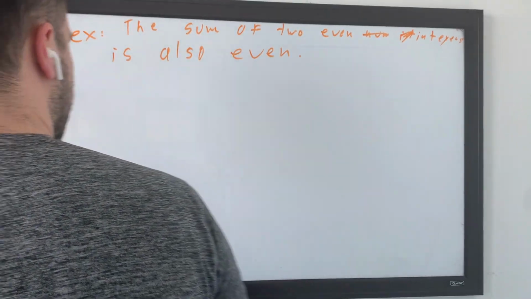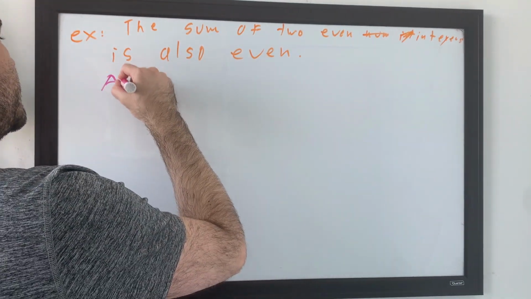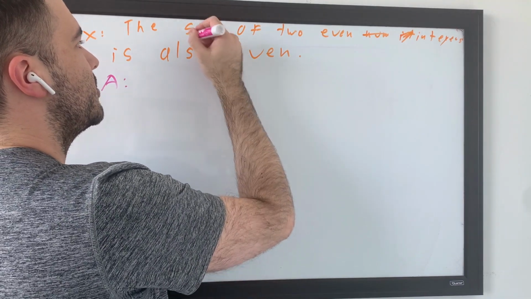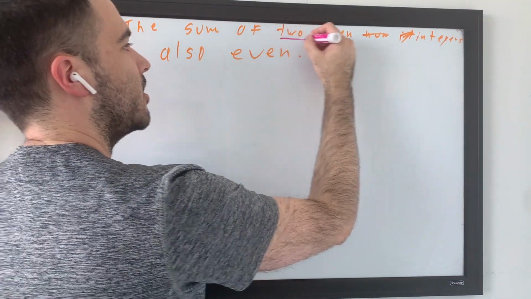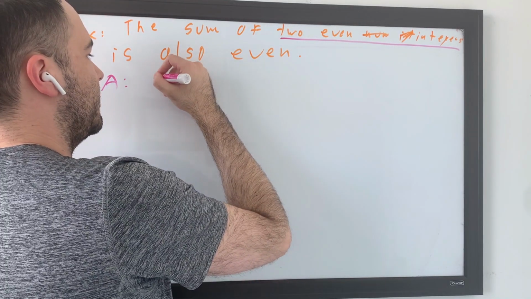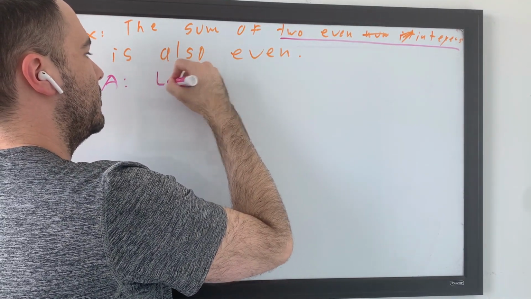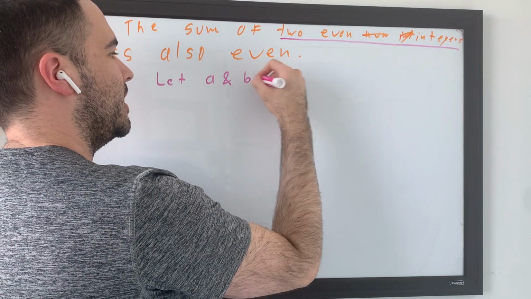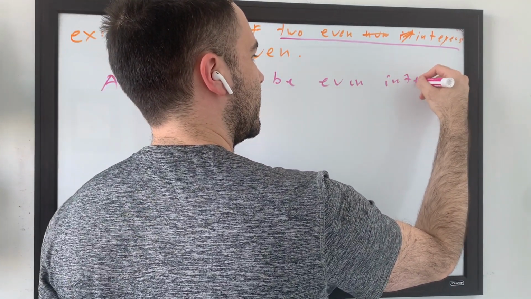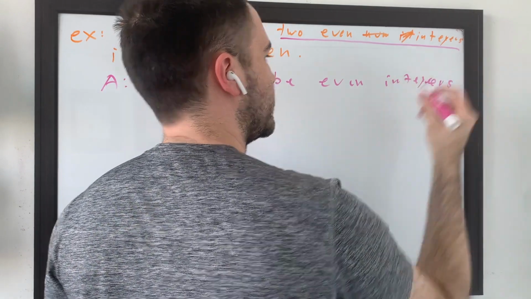So first, we need to start with listing all of our assumptions, which we'll call the A section for this. The assumption here is that we start off with two even integers. So let's write it. Let A and B be even integers.